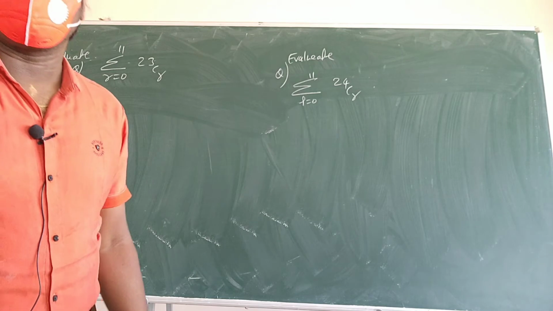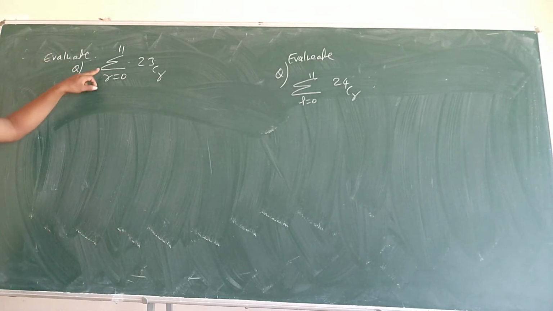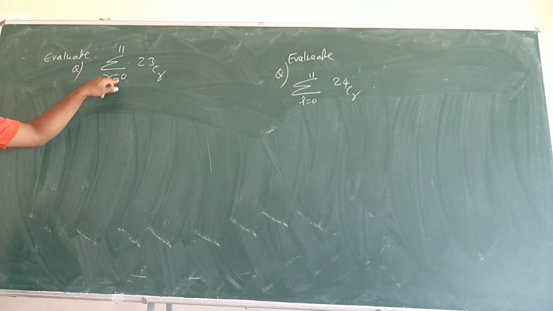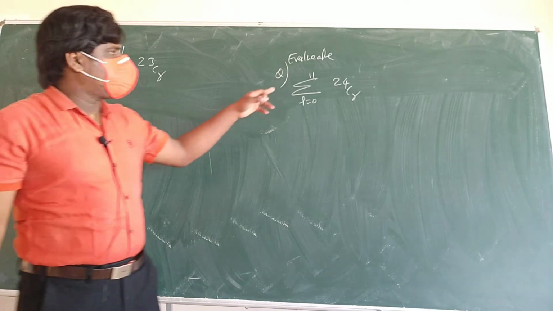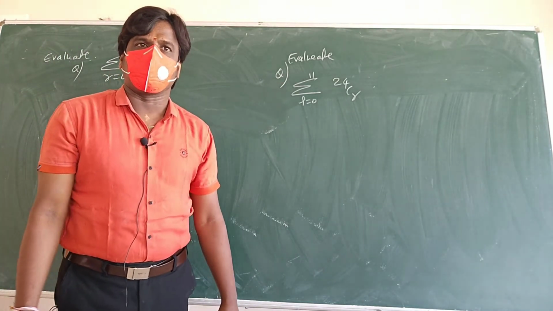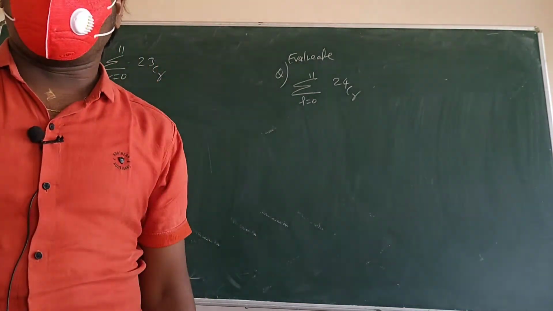So here sigma r is equal to 0 to 11, 23 Cr, and sigma r is equal to 0 to 11, 24 Cr. We have to find these values. So let us see how to find these values.